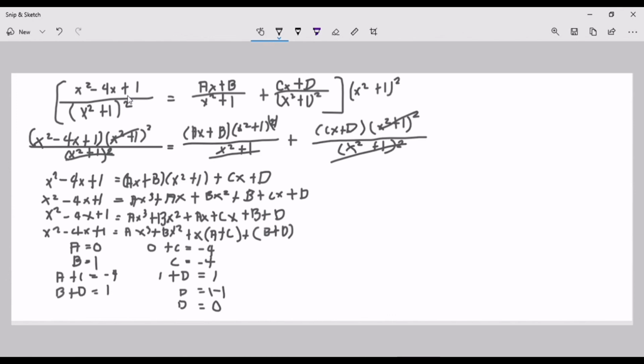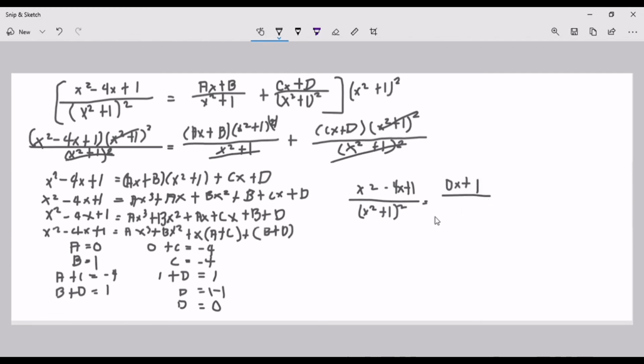So we can now get our partial fraction for this repeated quadratic expression, x squared minus 4x plus 1 all over the quantity of x squared plus 1 squared. Just substitute the values for a, b, c, and d.